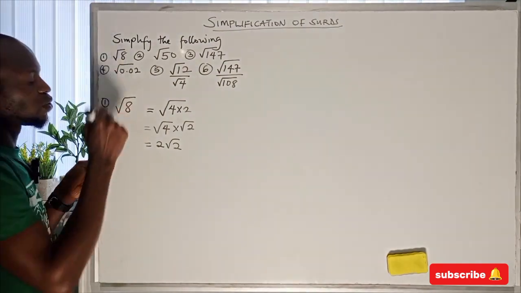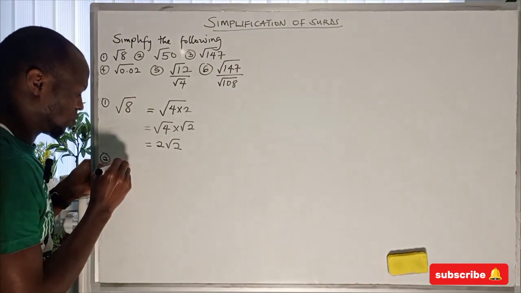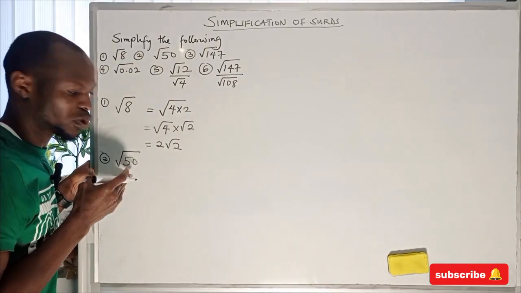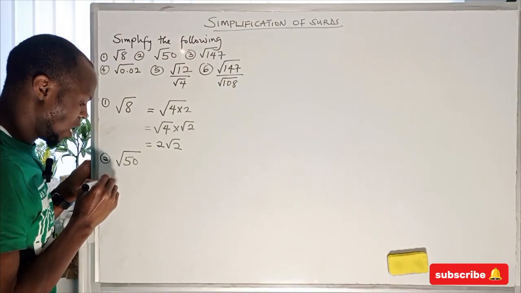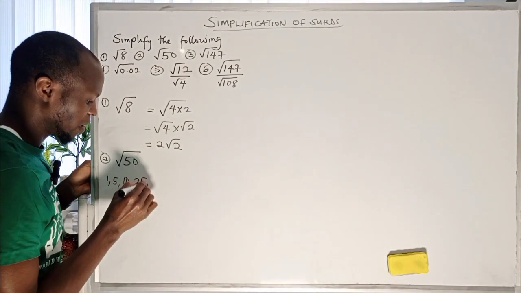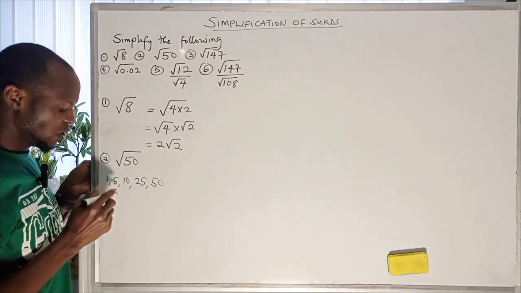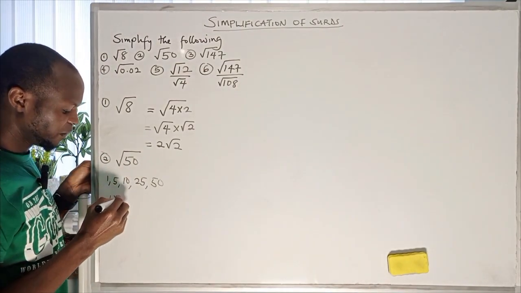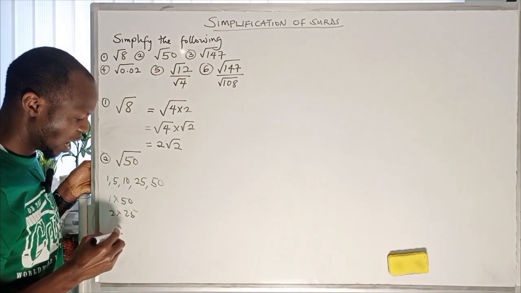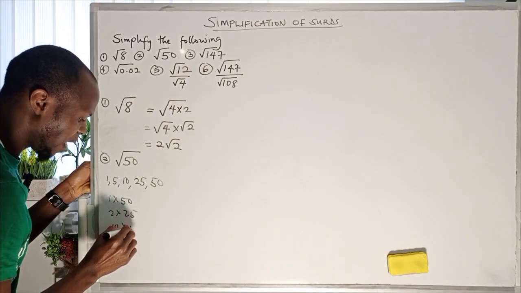That's what we have. Let's go to the second example, which is different a little bit. That's surd of 50. Now, what are the factors of 50? We have 1, we have 5, we have 10, we have 25, and we have 50. Now, if you check the factors of 50, we have 1 times 50, we have 2 times 25, and we have 10 times 5.